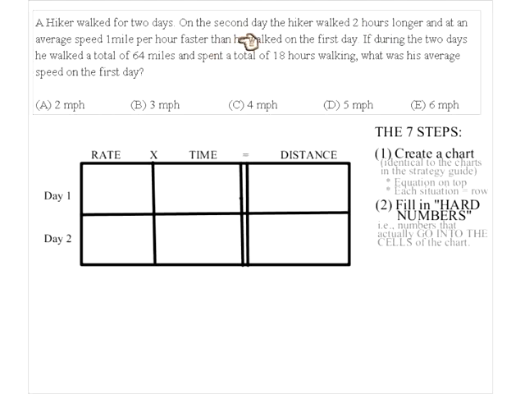Now, the mileages you can't figure out right now, but sometimes you have to just get stuff out of this statement. For instance, if you spend a total of 18 hours walking and you spent 2 hours longer on the second day, then you can just figure out the actual hard times. Does anybody know what those are? Like if you have 18 hours total, and the second day was longer by 2 hours. Can anybody just spit out those numbers?